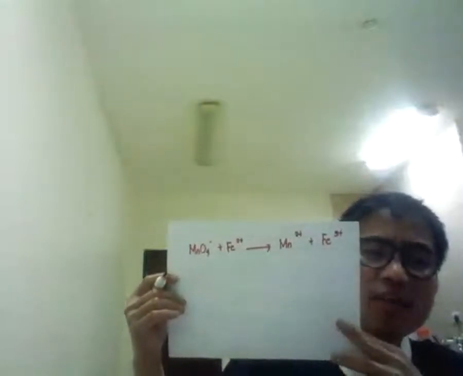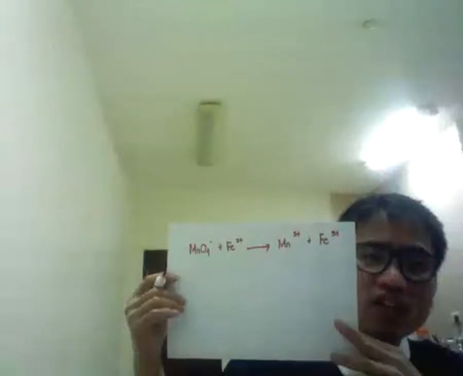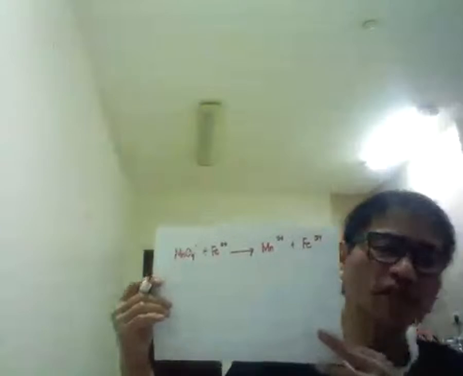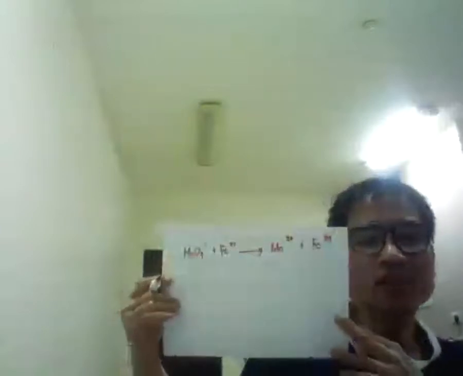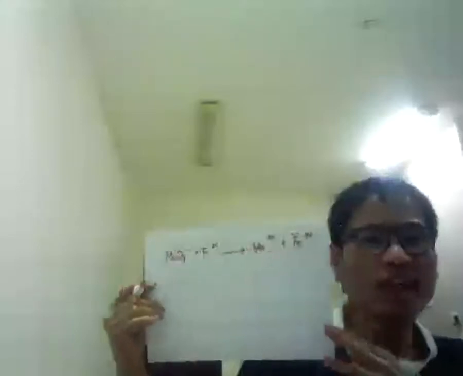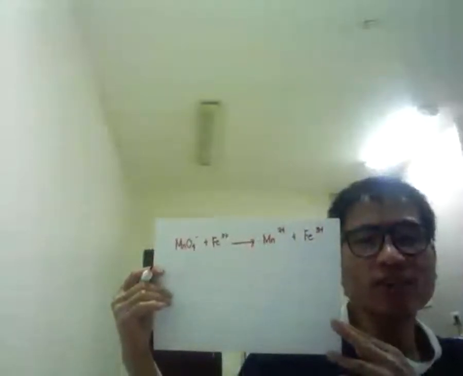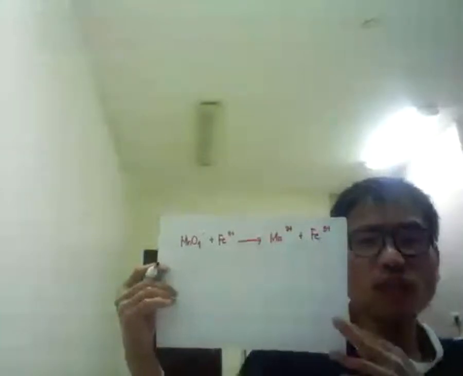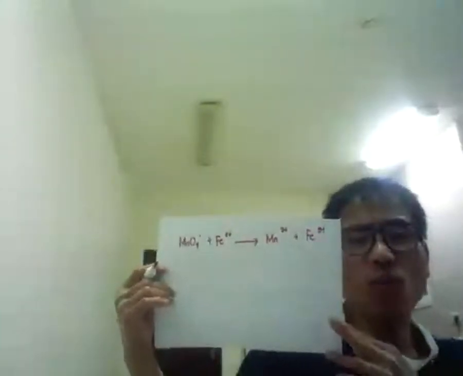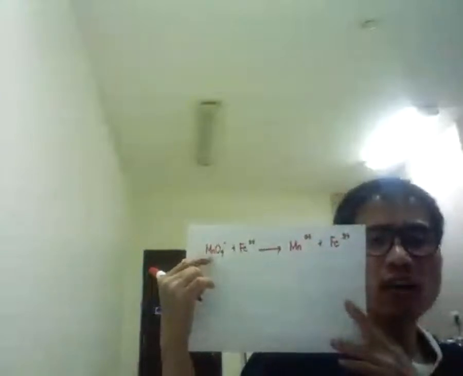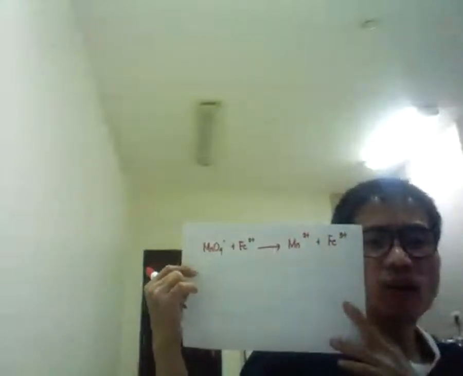Now let's balance the chemical reaction. By visualization, it's very obvious that there's no oxygen on the product side, and on the reactant side there is oxygen with a subscript of 4. So 4 times the coefficient 1, there are 4 atoms of oxygen.